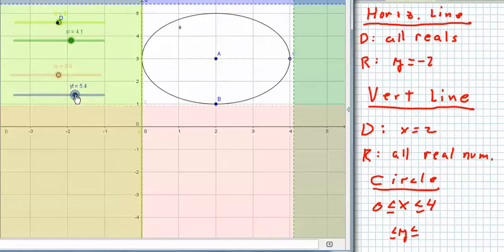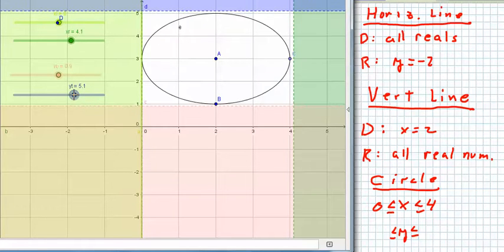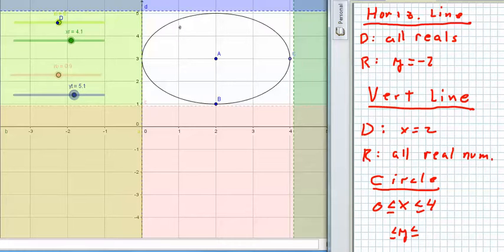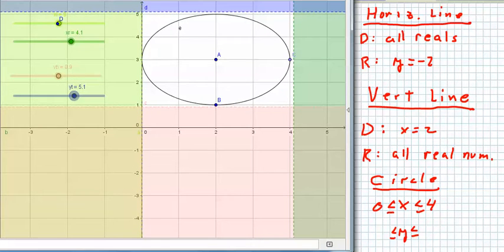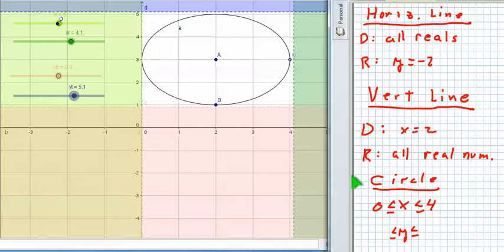I'm going to slide the blue one down until I hit the graph. All my y values are less than 5. So I come over here, y has to be greater than or equal to 1, less than or equal to 5. Okay, so my domain, x is between this, my range, y is between that.